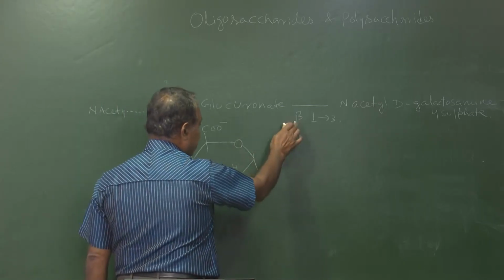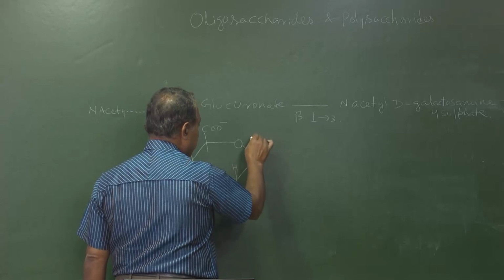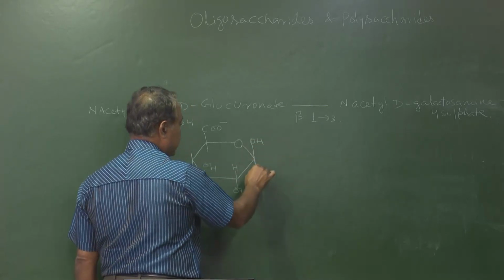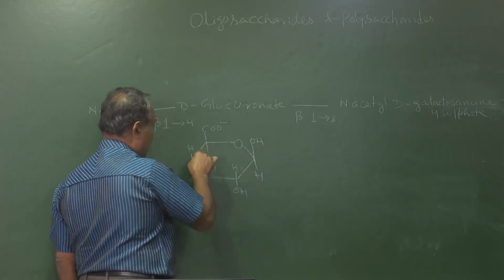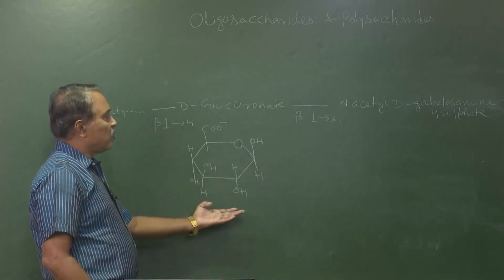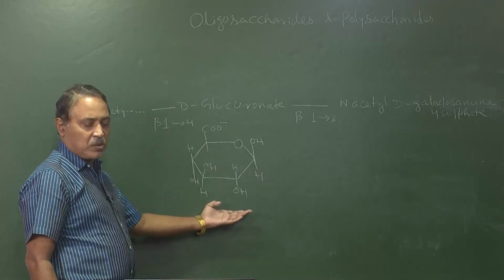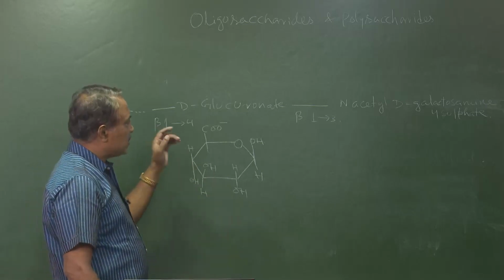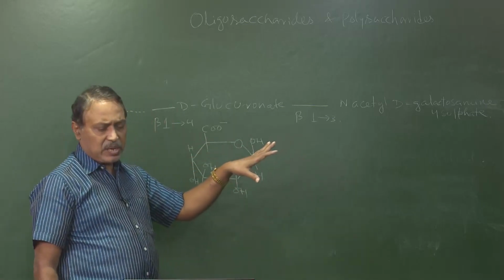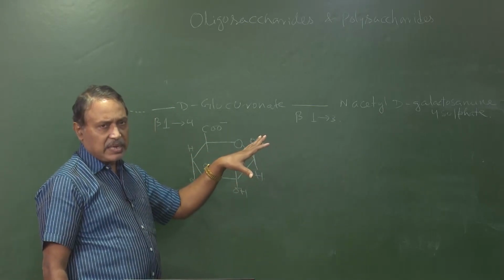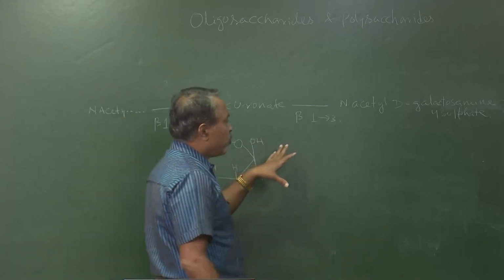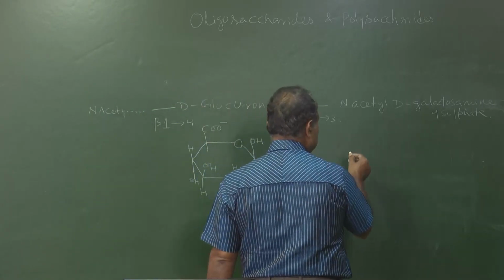This is beta, so we will make it beta. So this is your D-glucuronate. The next one is N-acetyl D-galactosamine 4-sulfate. So let us draw it first.